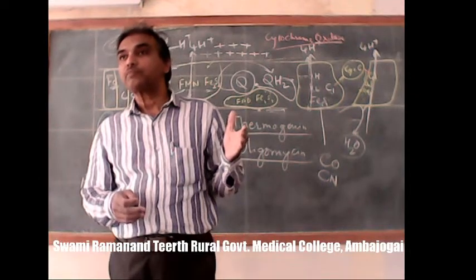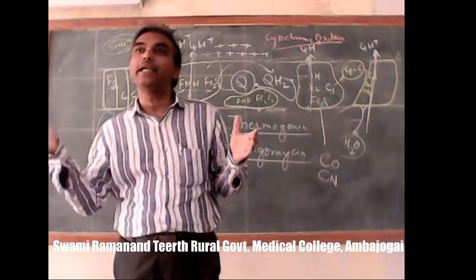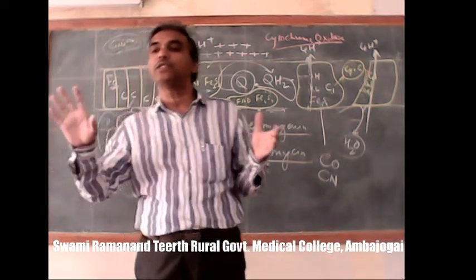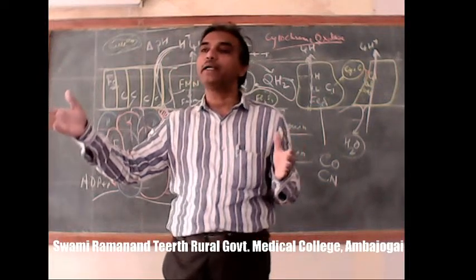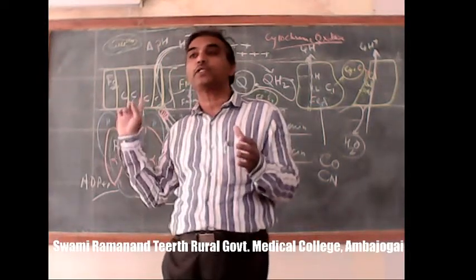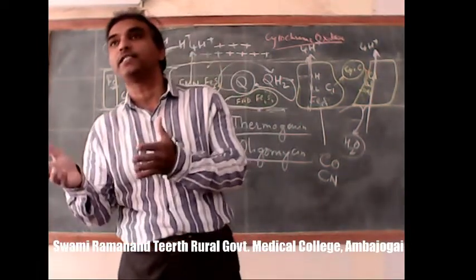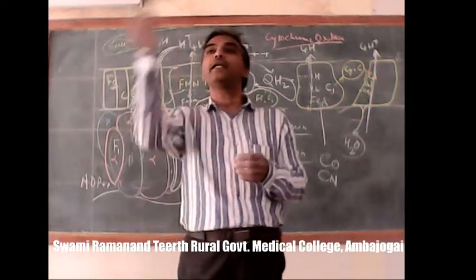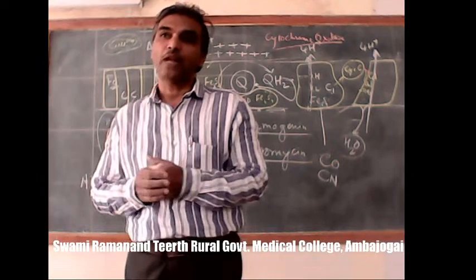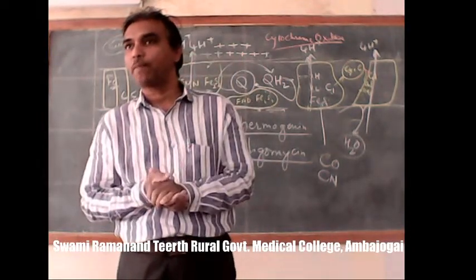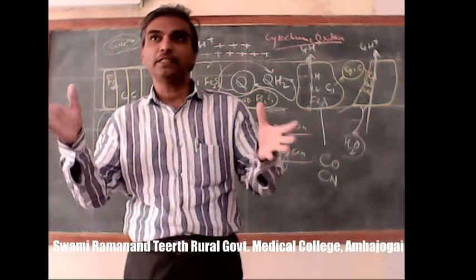See, if the first complex, the NAD-dependent dehydrogenases, stop working, then whatever NADH is liberated is not utilized by the electron transport chain, but FADH from succinate dehydrogenase or fatty acid oxidation can enter at the level of complex 2 and oxidation goes on. But this is not unlimited. These are limited things.